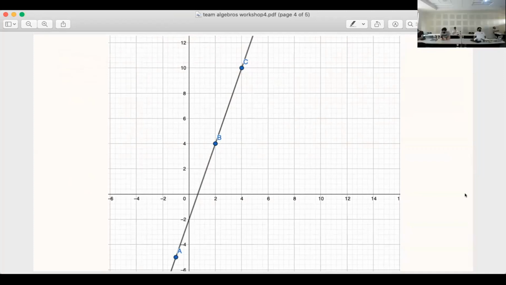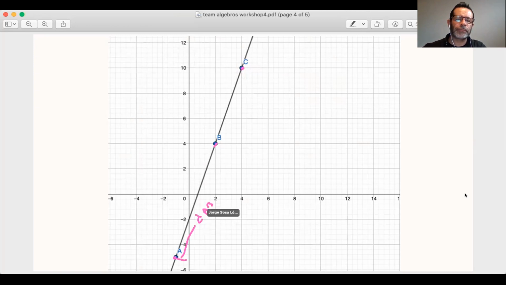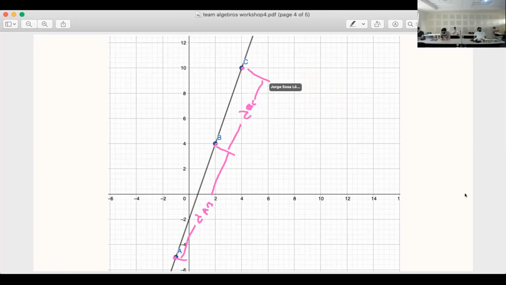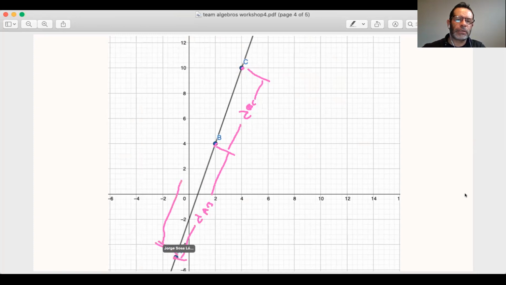If we plot the points, we're going to notice that the points are located in a certain sequence. If we've got point A here, point B here, and point C here, then we've got three distances. This is distance AB. This is distance BC. And then we've got the larger distance here, DAC.